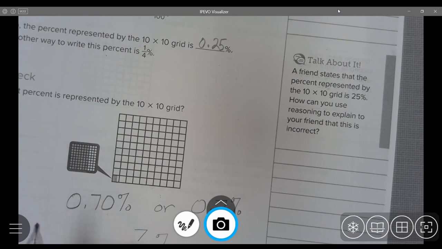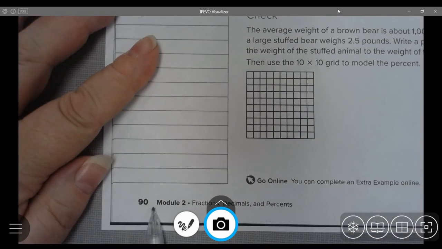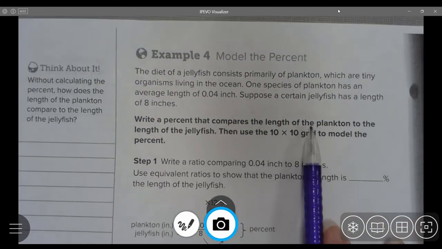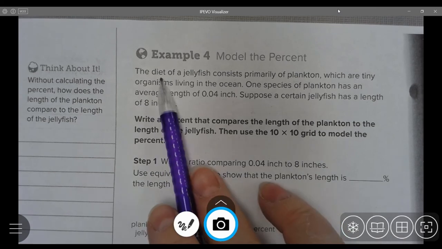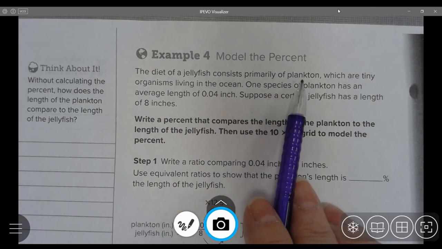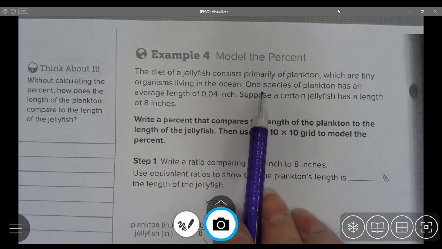Continuing on with page 90. We're on page 90. Example 4, model the percent. The diet of a jellyfish consists primarily of plankton, which are tiny organisms living in the ocean.